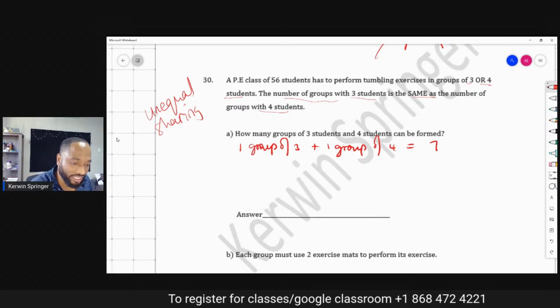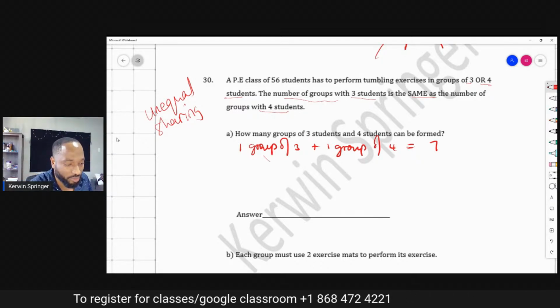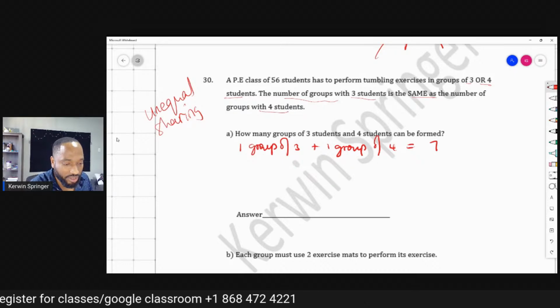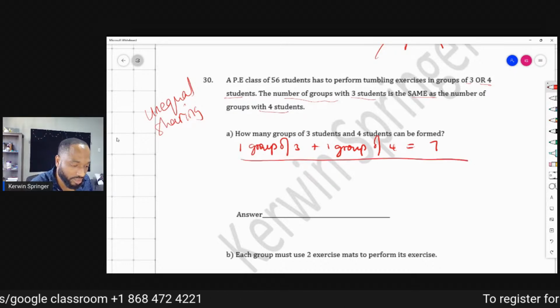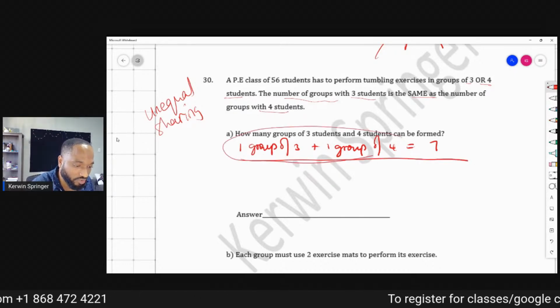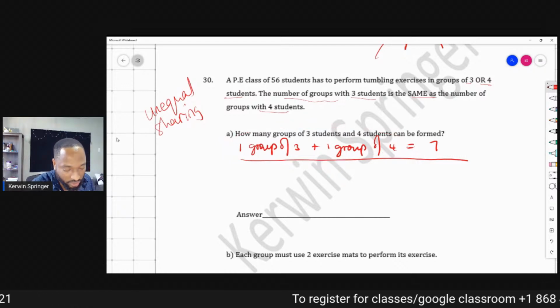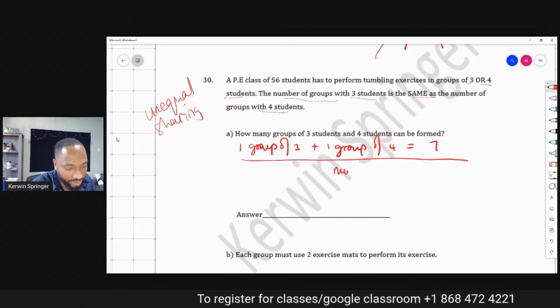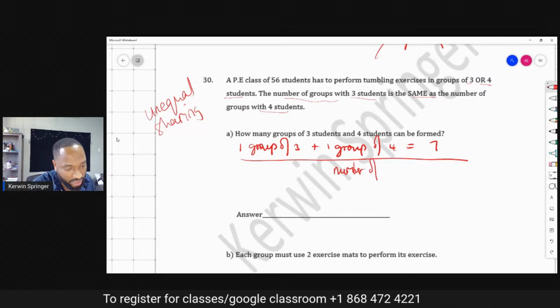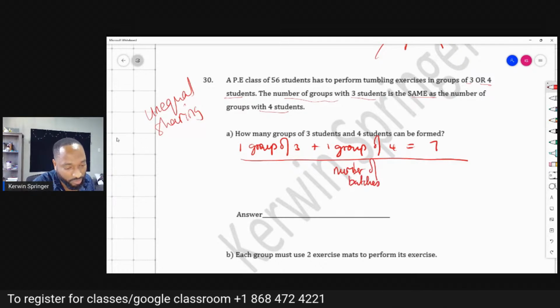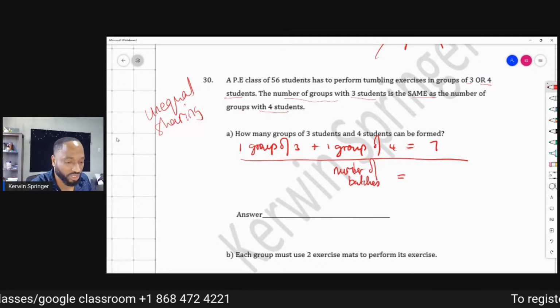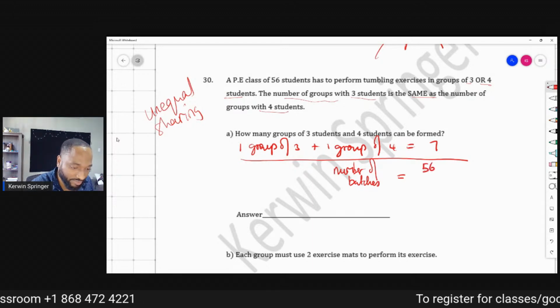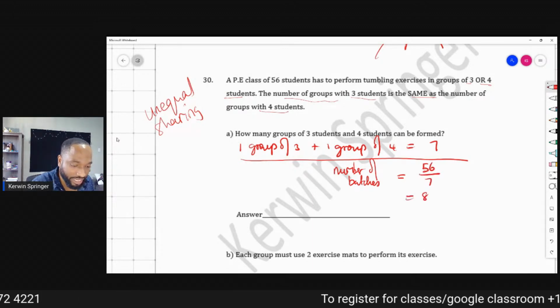And now I just need to divide 56 by 7 to find how many groups of each of these we have, right? So let's call a group of 3 and a group of 4 a batch. So number of batches. Last week, the week before, and the week before that, I gave you a lot of graphical approach to these questions. 56 divided by 7, I'm getting 8 batches.